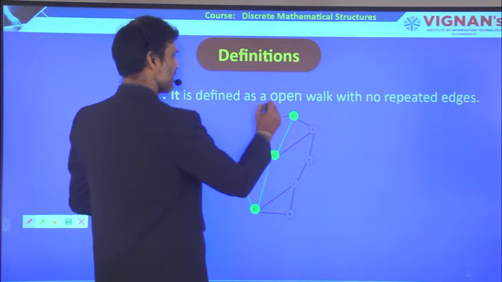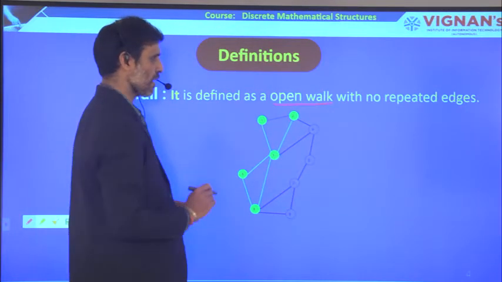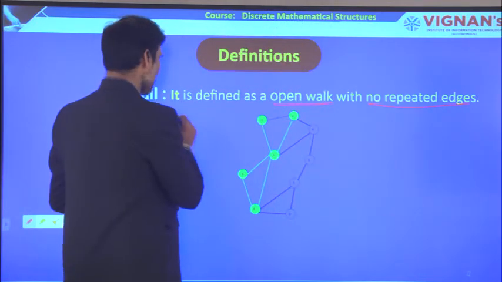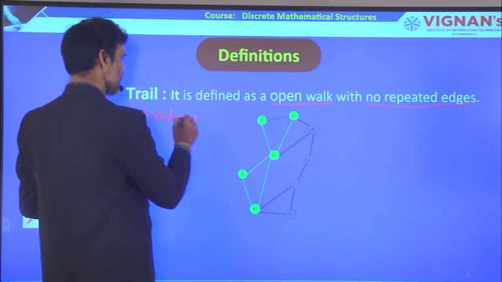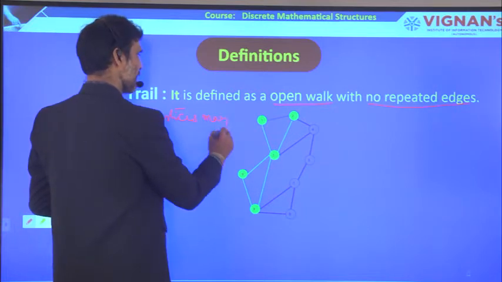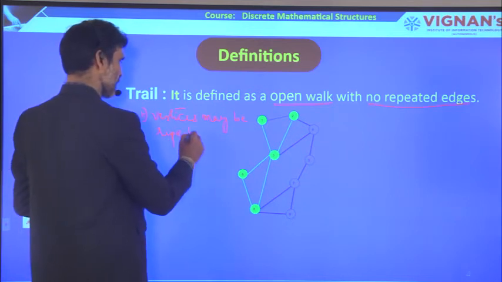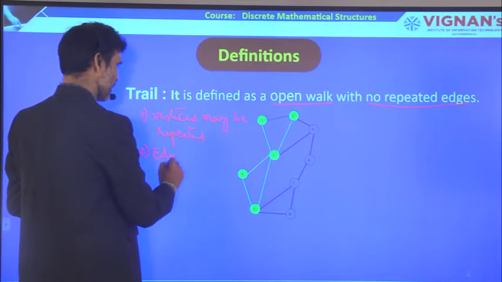So how do we define that? It is an open walk. A trial is an open walk with no repeated edges. That means vertices may be repeated, remember that vertices may be repeated here, but edges cannot be repeated.